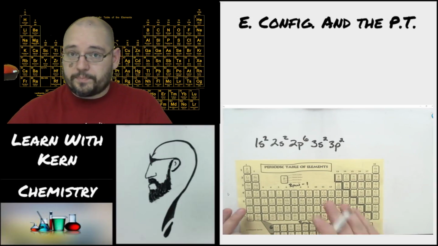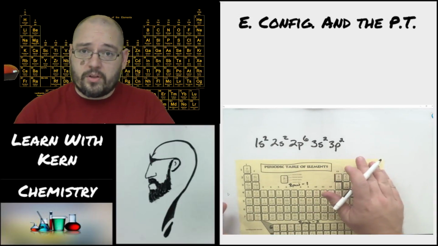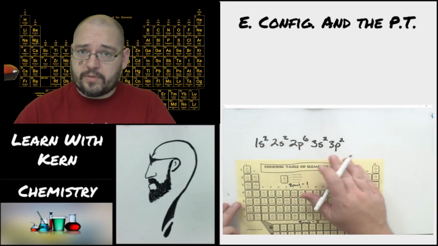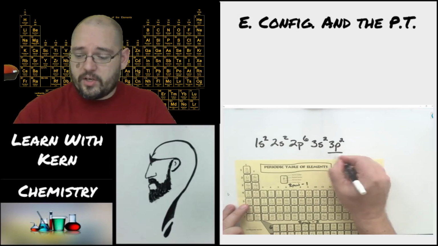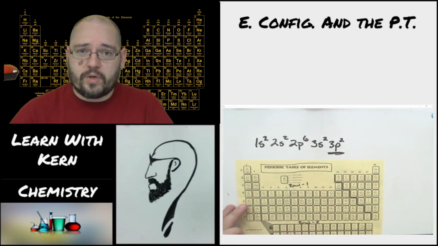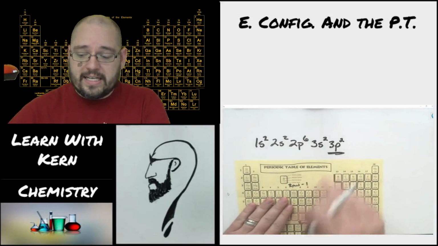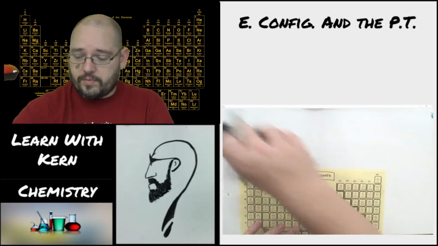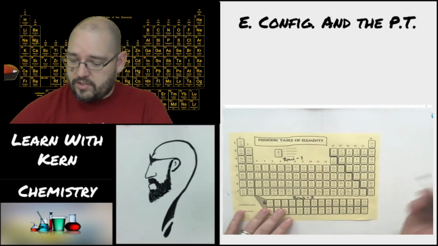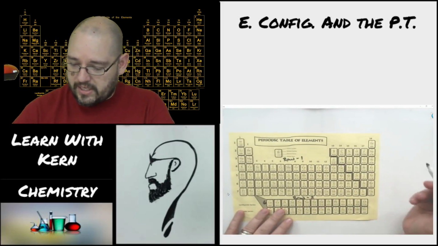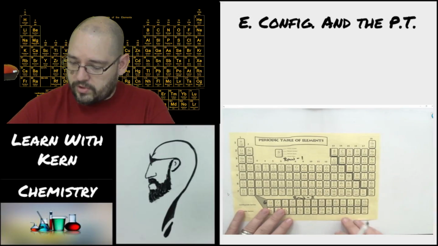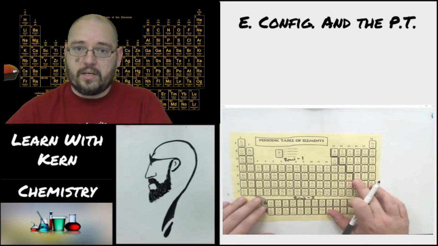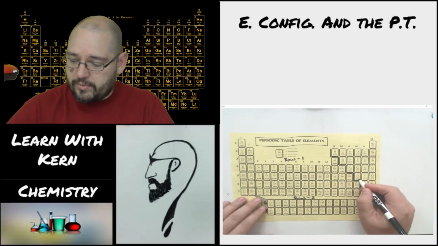Okay? Now, that's drawing it out the long way, going through and counting. But I don't actually have to do that if I know what this last term is whenever I start. And that's the power of the periodic table here, it tells us what the last term is when we start off. So, let's pick another element. Let's do tellurium, 52, Te. Let's look at where tellurium is.